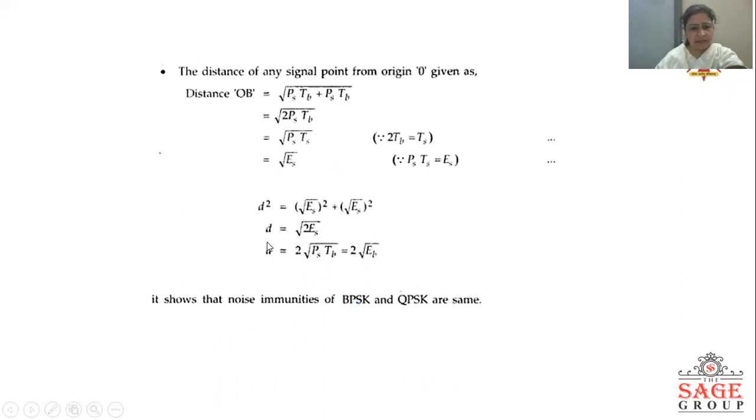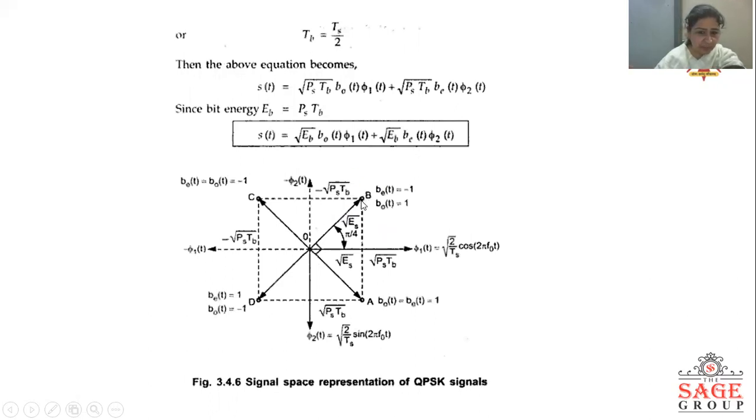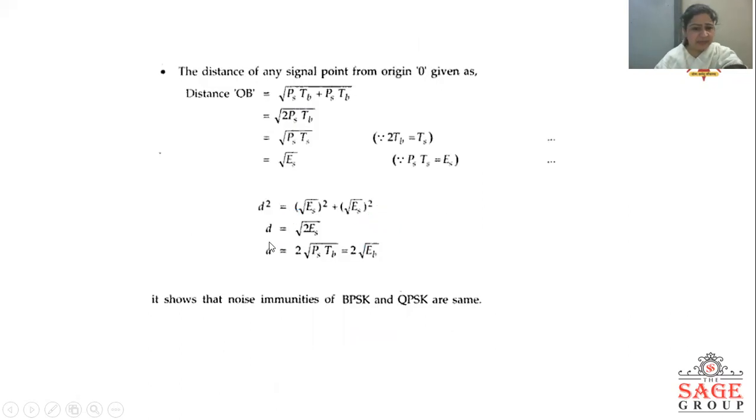Now, let's find d squared, the distance between two signal points. Distance between signal points means the distance between AB, BC, CD or DA. Say this is represented by d.